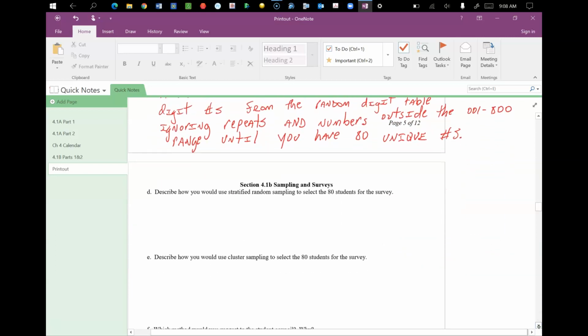Describe how you would use a stratified random sampling to select 80 students for the survey.